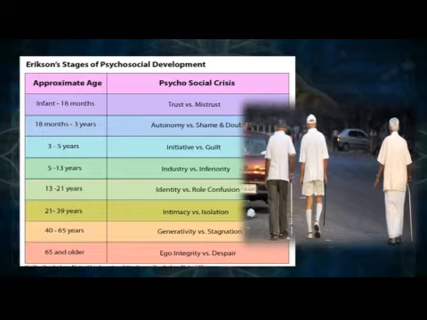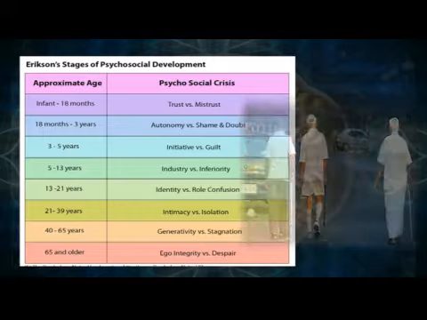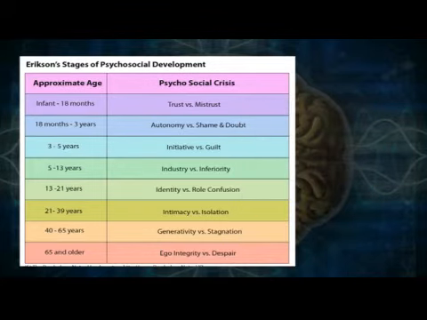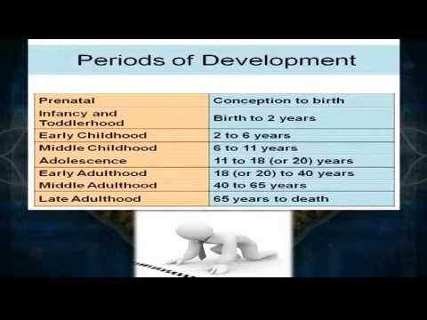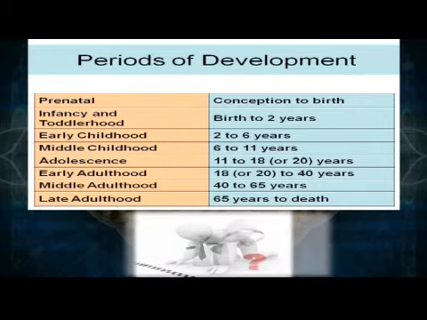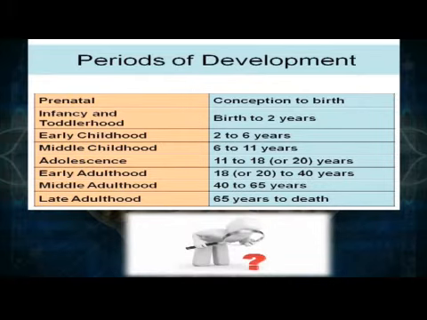Each of these stages has a positive as well as a negative crisis. Each stage builds upon the successful completion of earlier stages. The challenges of stages not successfully completed may reappear as problems in the future. Erikson believes that each stage of development is focused on overcoming a conflict.